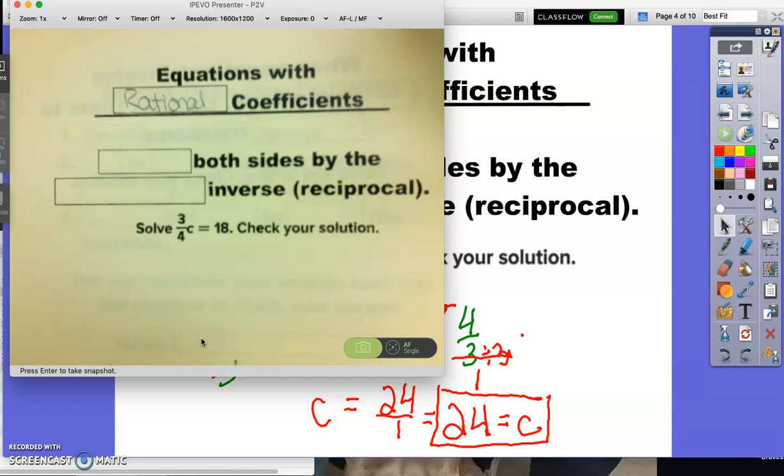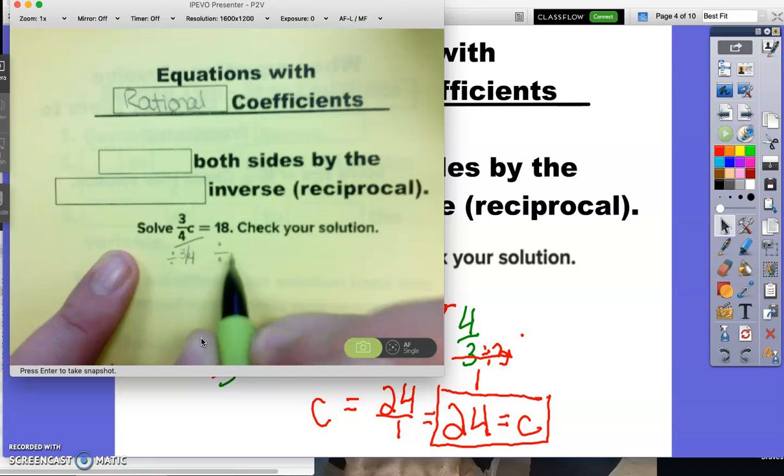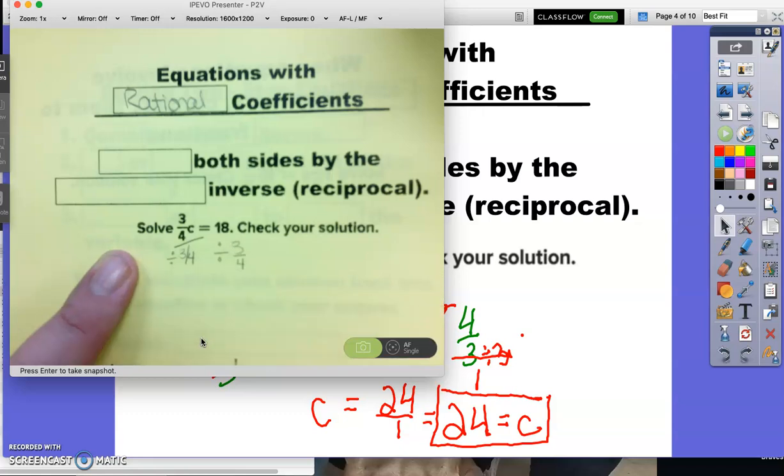Yes, you could see that my variable is being multiplied by 3/4, and we could then divide both sides by 3/4. But I'm just going to show you how we're adding a few extra steps that we don't really need. But we're going to do one this way.